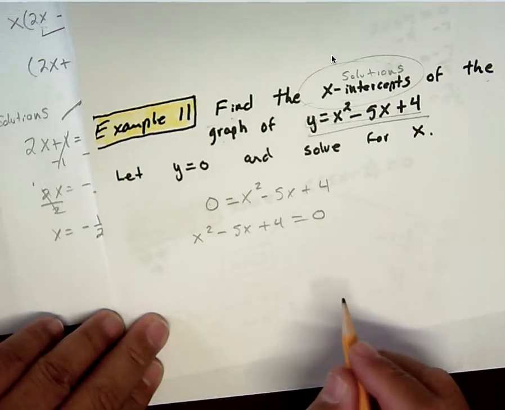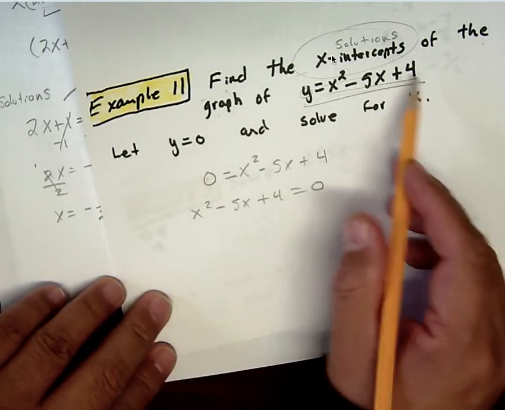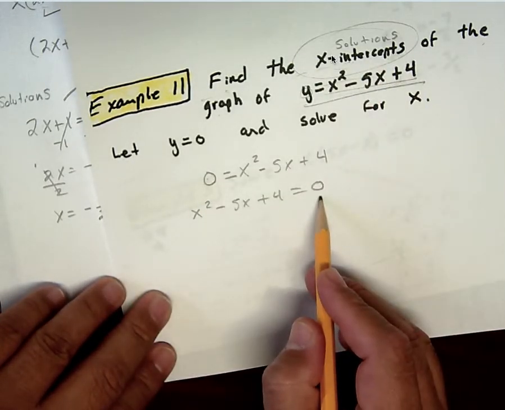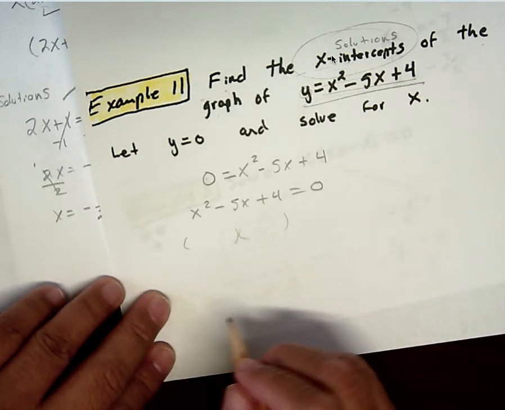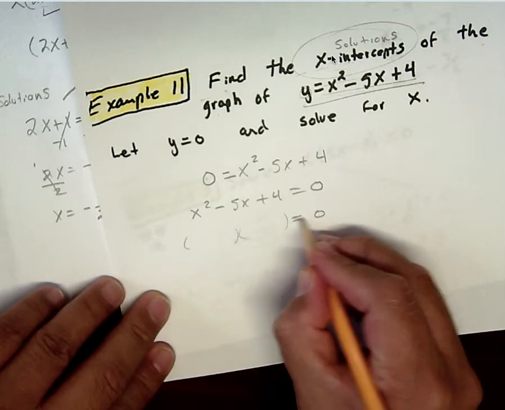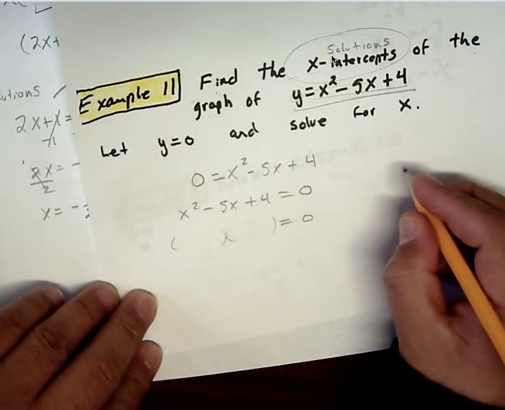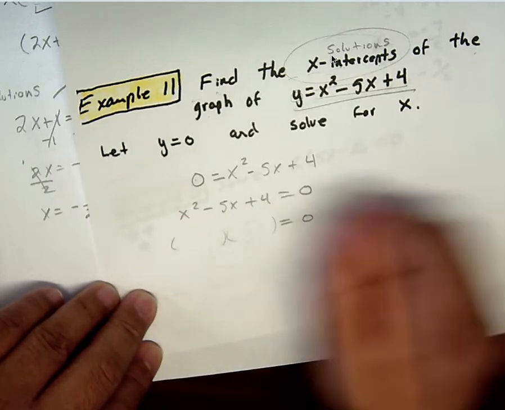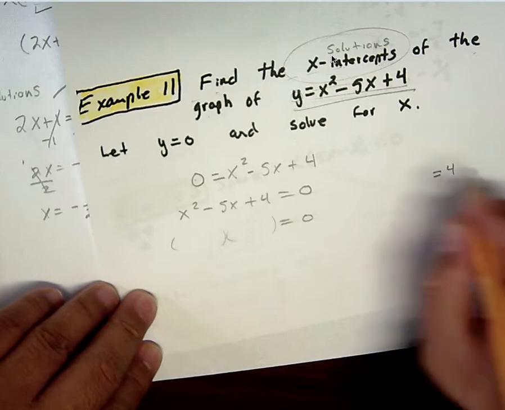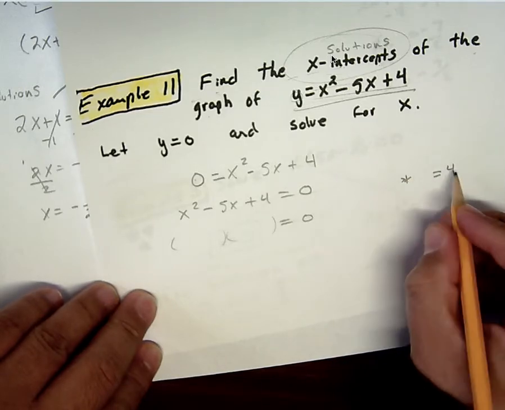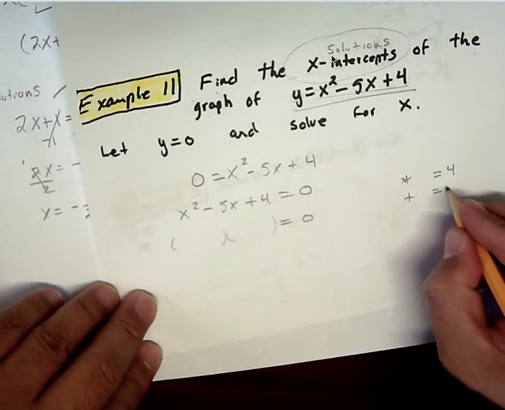That's what it means. Then you're going to factor, because we want to find the solutions, and to find the solutions, you need to factor. So how do we factor this? Well, this is just normal factoring. You find 2 factors that multiply to 4 and add to -5.